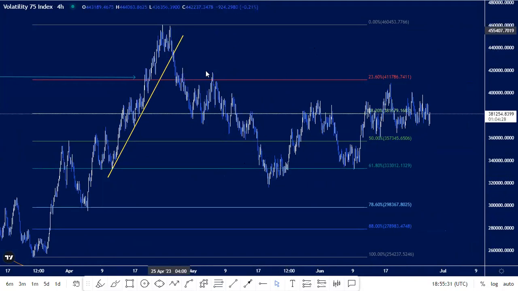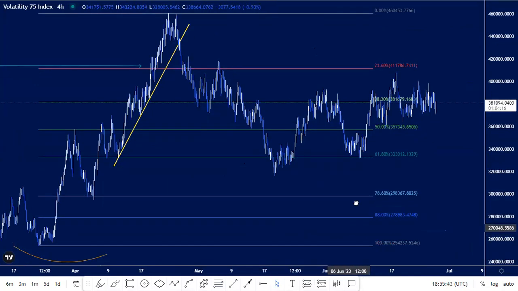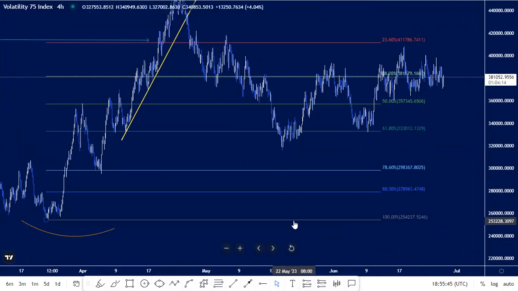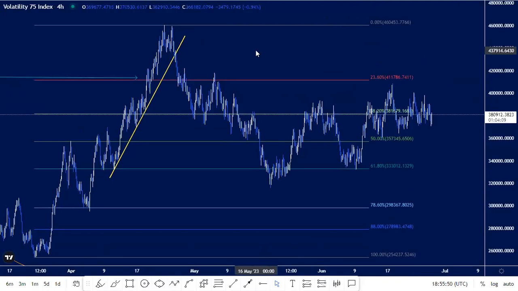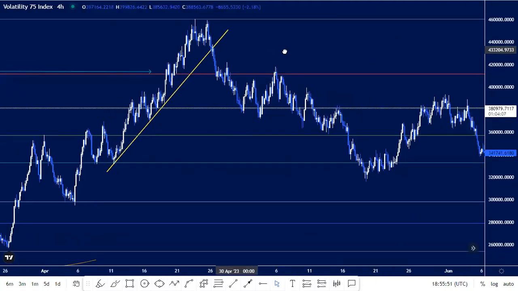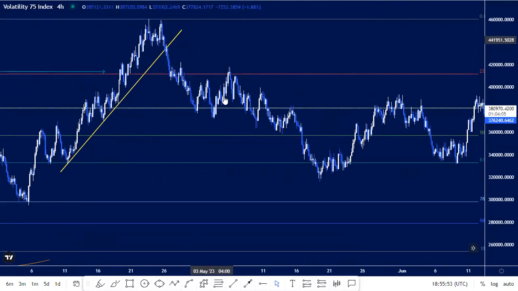So you would have targeted any level below 50%, which is 61.8, our first zone, second zone, third zone. Very rarely it comes all the way to 100%, where it can touch there, then continue going up. There are times like that. So here, you could have caught these sales nicely.